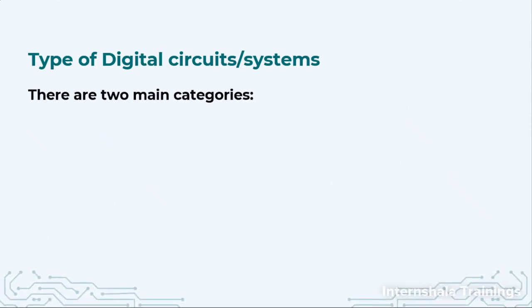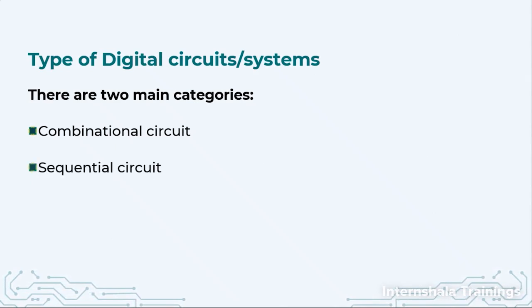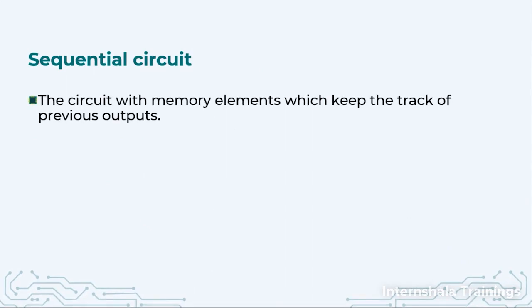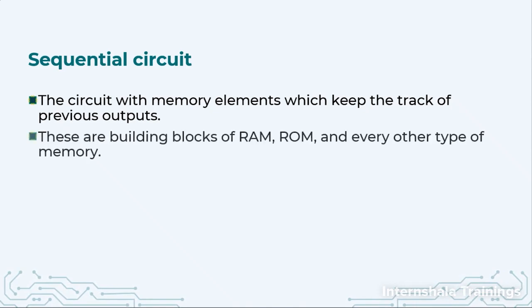So as a revision, we had discussed that there are two types of circuits, combinational and sequential. When we talk about sequential circuits, these are the circuits that have memory element. That means they can keep a track of the previous output. They can store these values.